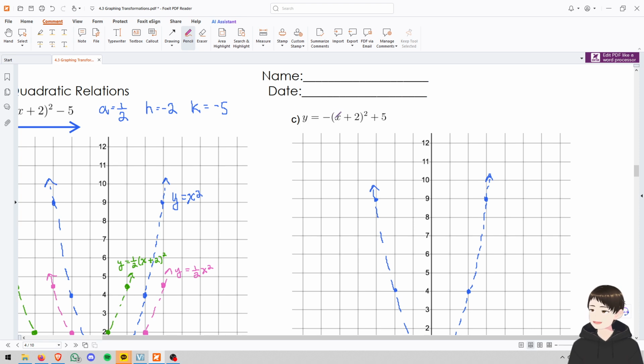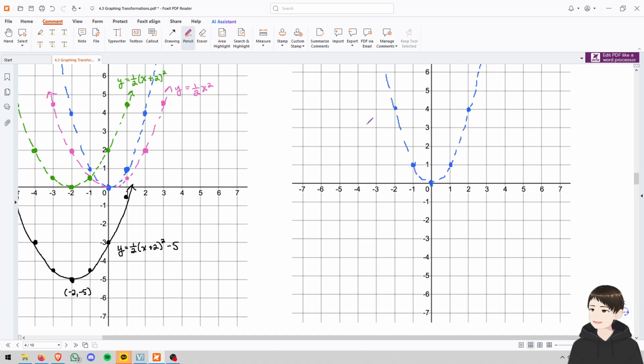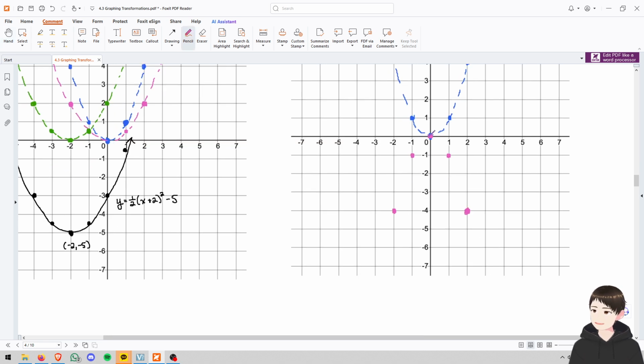I have a -1, so I'm going to flip it. Immediately, (0, 0), (-1, -1), (-4, -4), and (-9, -9), which I don't have. There you go. That is my y equals -x squared.